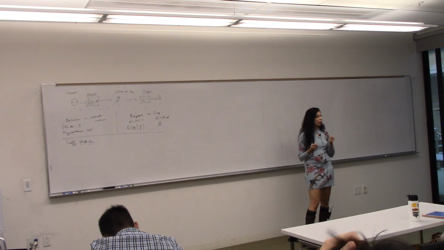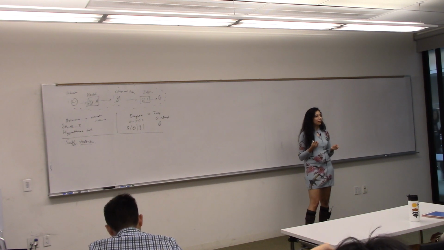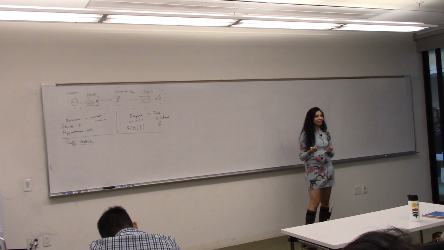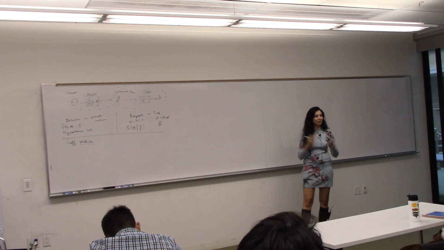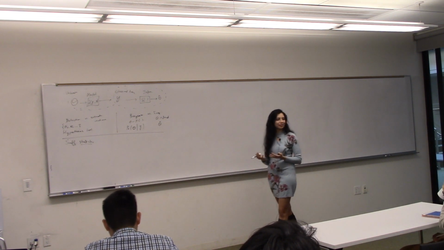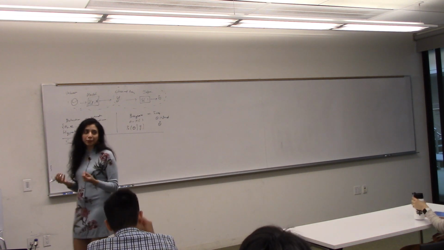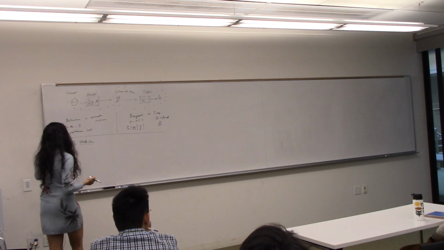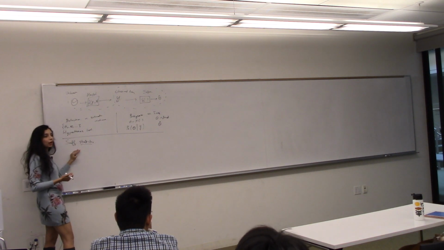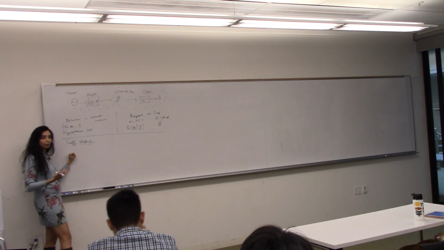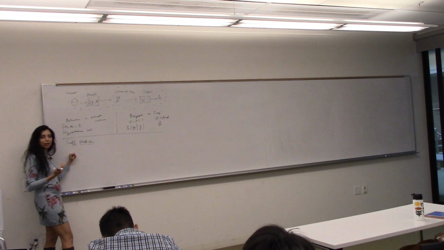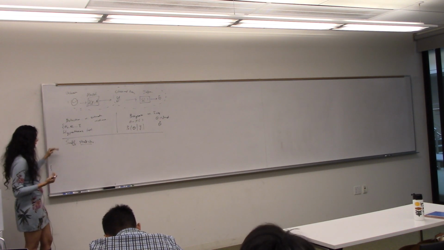But the question of how useful is the data for your specific task is an important thing to ask. It's not just the volume of data that matters, right? It's the usefulness, and sufficient statistic gives you a way to say how much the data can be reduced, right? What is the dimensionality reduction you can have for the data?